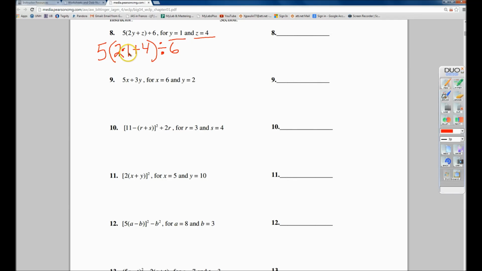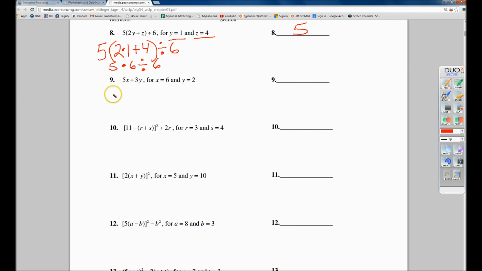So 2 times 1 is 2. 2 plus 4 is 6 times this 5 out here, and then divide it by 6. Now, notice you have to do the multiplication first. This is going to be 30. 30 divided by 6 is 5.